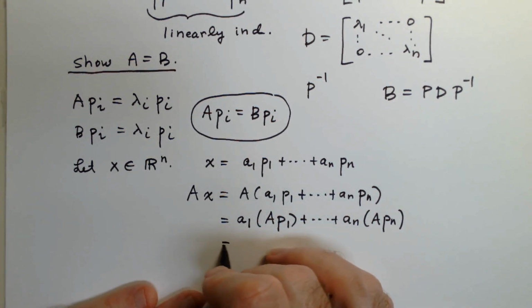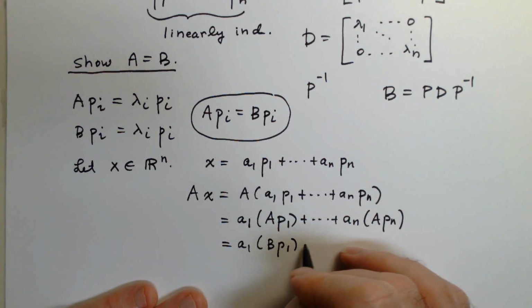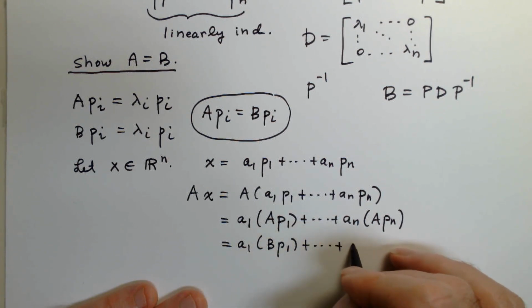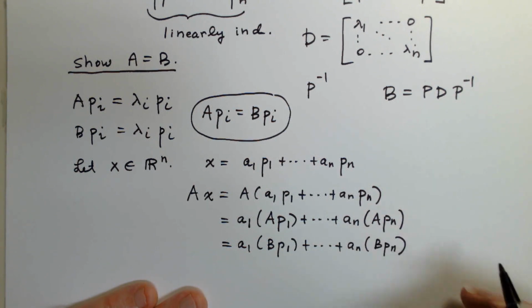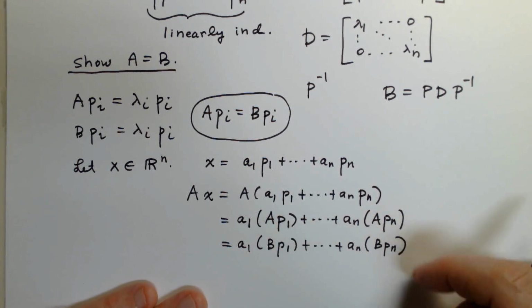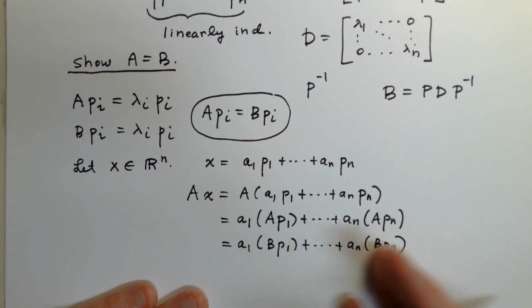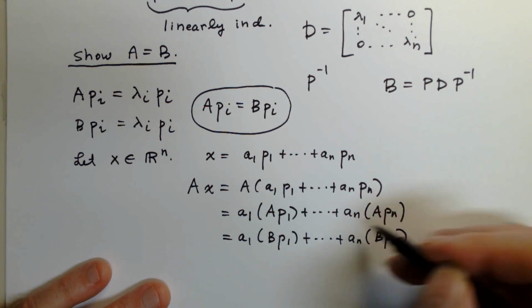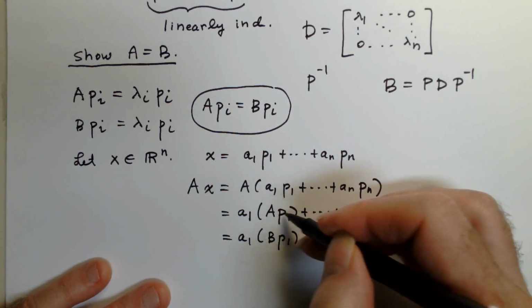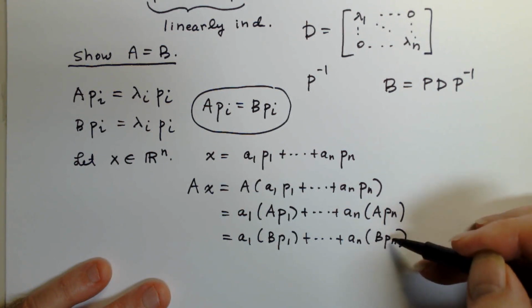And so we can write this as a1 times B applied to P1, on down to an times B applied to Pn. Here we're really making strong use of the fact that A and B agree on every one of those eigenvectors, P1 through Pn. So we can freely substitute B applied to P1 for A applied to P1 here, on down to A applied to Pn equals B applied to Pn.